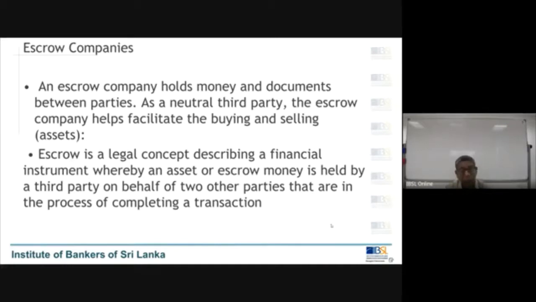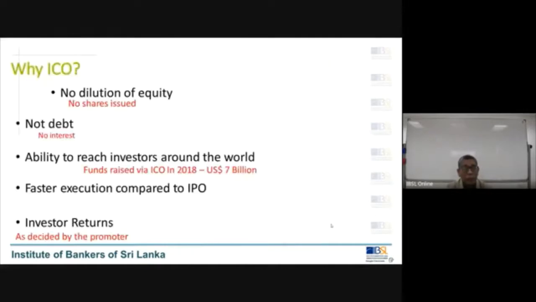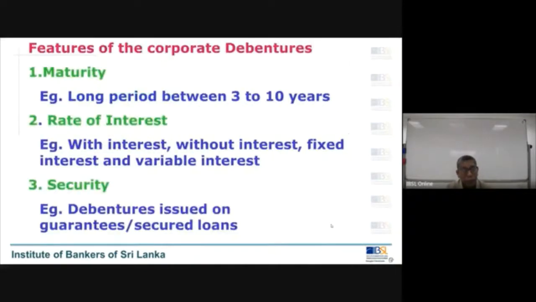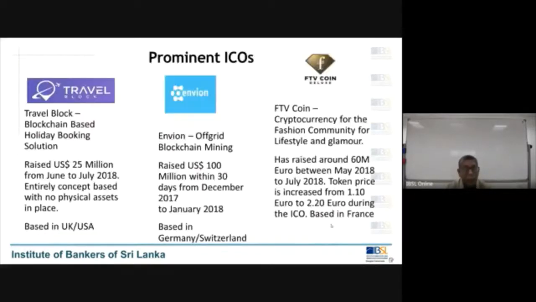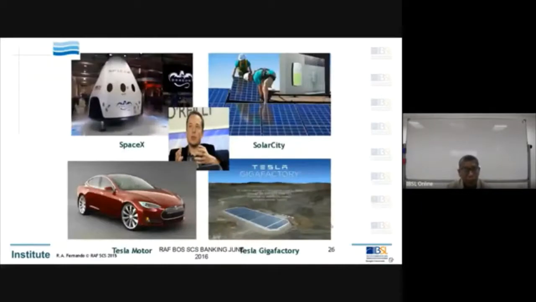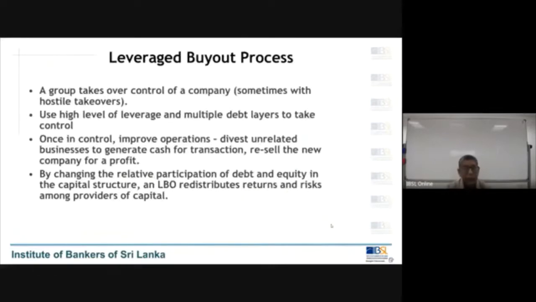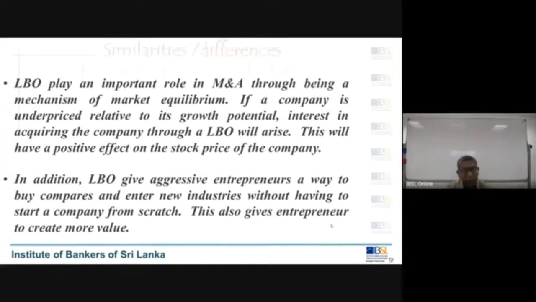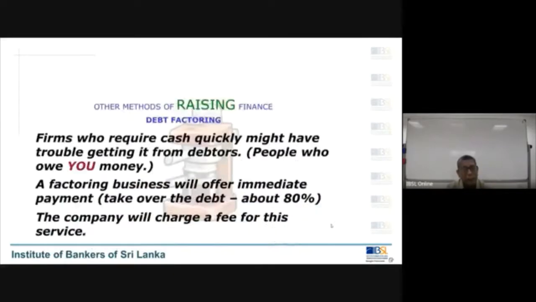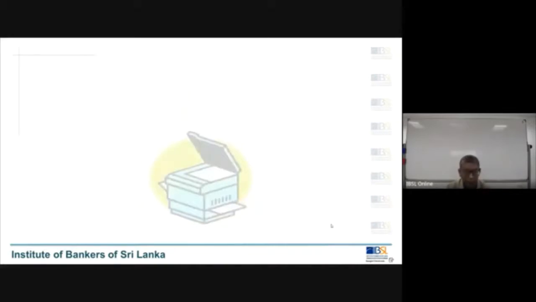Then you can go for debentures, and also ICO, the blue ocean approach, crowdfunding, leveraged financing, management buyout and leveraged buyout, and other methods like debt factoring, leasing, and hire purchase.